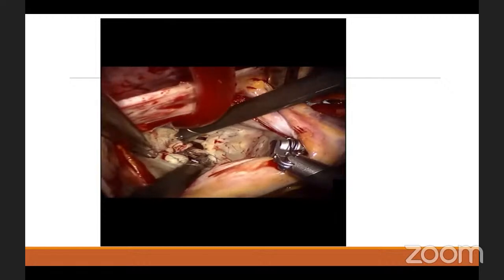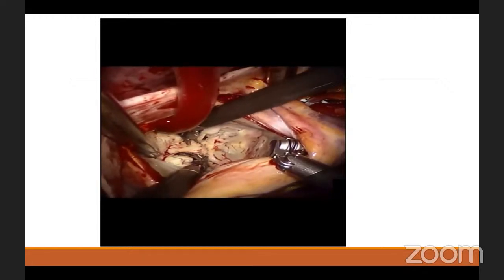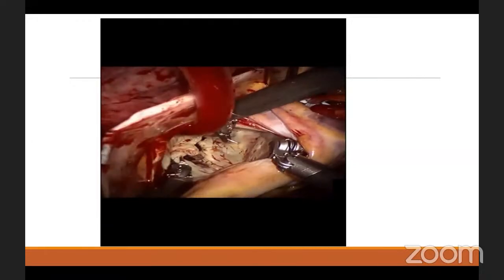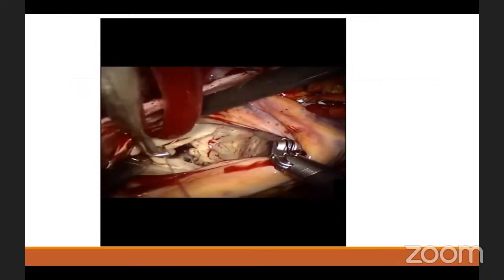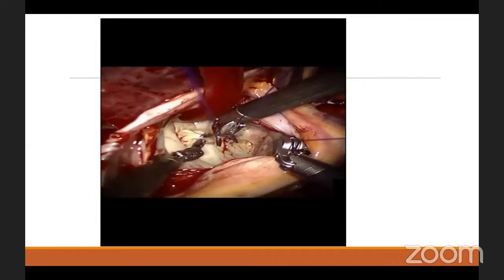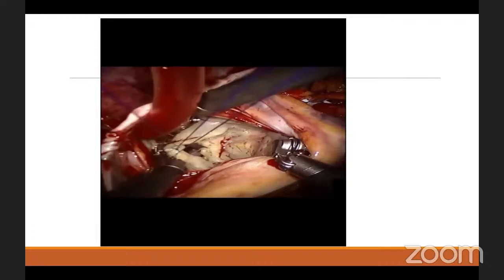So without doing an extra incision in the annulus, the two edges of the leaflet are then approximated. This technique minimally reduces the height of the posterior leaflet. Okay, this is the repair of both leaflets.